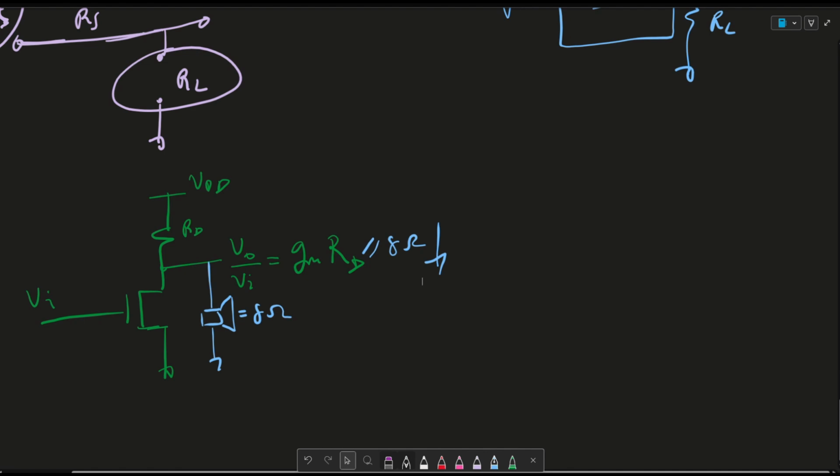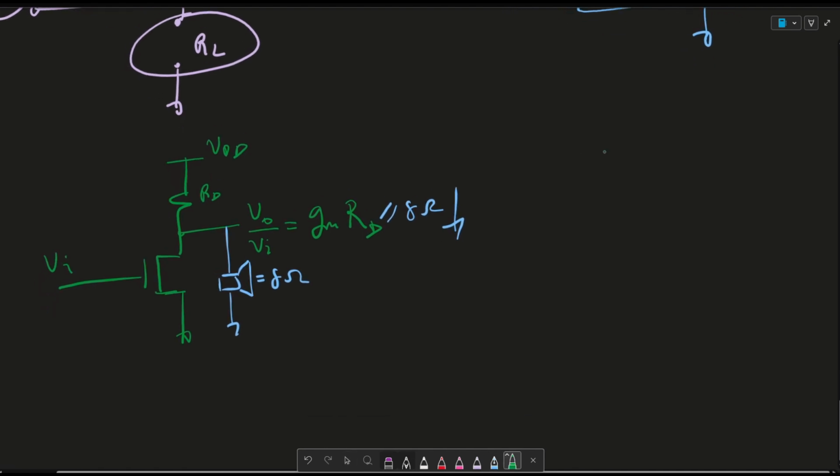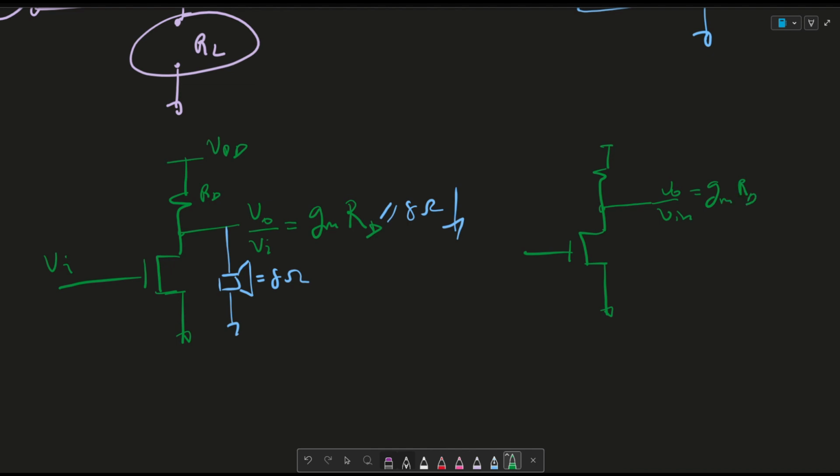So a way engineers go around doing this is they say, okay, let me keep my gain of my amplifier, V out over V in, equal to GM RD. And let's say V in is equal to 1 volt, and this is VDD, this is RD. And again, so then the voltage out here, V out, is, let's just say 1 times 10, so 10 volts. What we're going to do is we're going to attach a buffer.